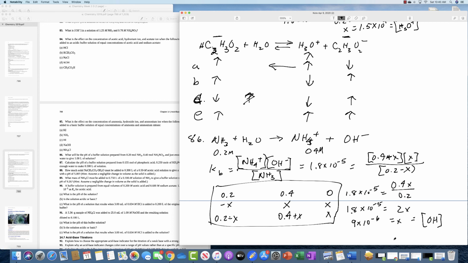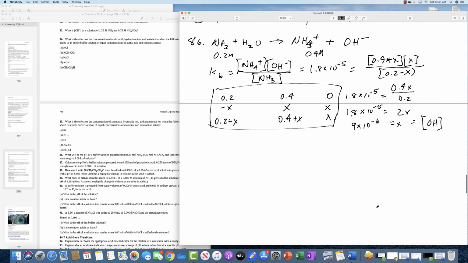Now the question was, what is the pH? At this point you can do one of two things. You can calculate the pOH and subtract that from 14, or you can use the water equilibrium equation to calculate the hydrogen ion concentration. For me, I think it's easier to find the pOH first.